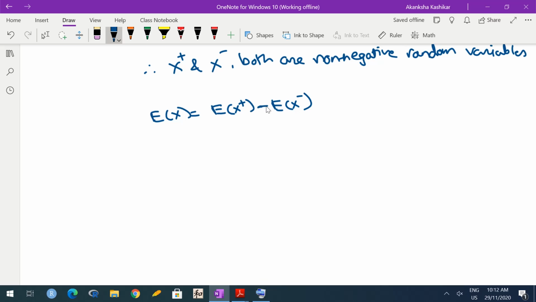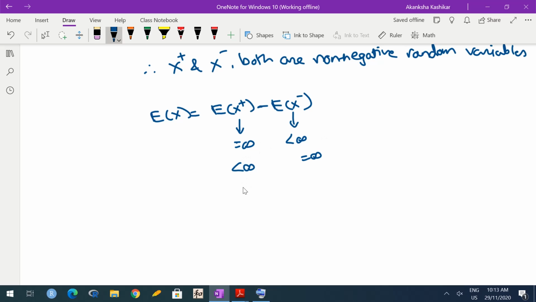Okay, this is how it is defined. Now, if both expectation of x plus and expectation of x minus are finite, then of course the final expectation is also finite, no doubt about that. However, if suppose this is finite and this is infinity, then expected x would become plus infinity. If this is finite but this is infinity, then expected x would become minus infinity.